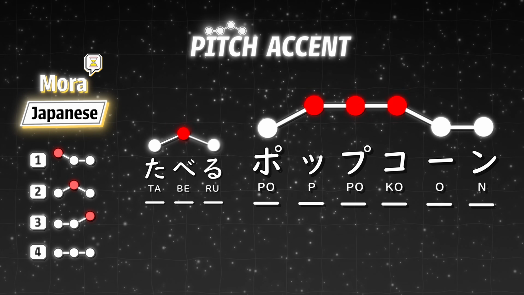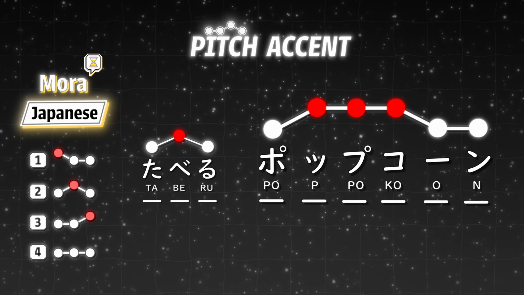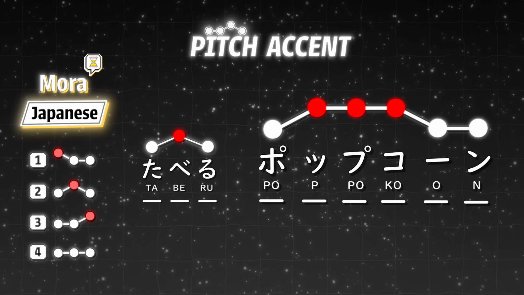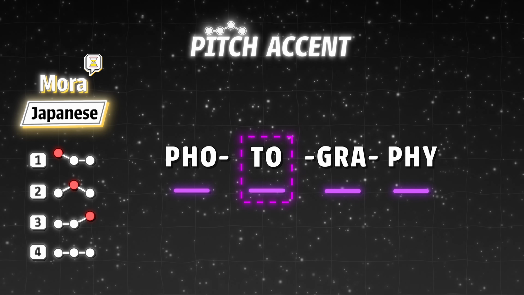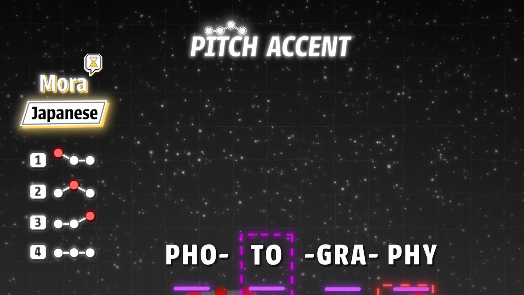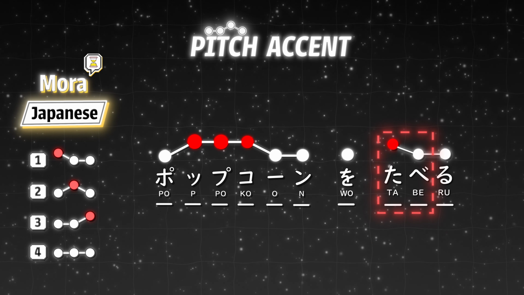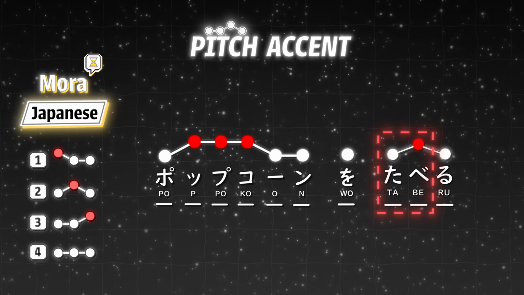食べる. ポップコーン. But I really wouldn't stress too much about pitch accent in the beginning, because just like in English, it isn't absolutely necessary to comprehension. If someone said, let's get our cameras and do some photography, you know exactly what they're saying. Similarly, if you say ポップコーンを食べる instead of 食べる, people will have no problem understanding you.